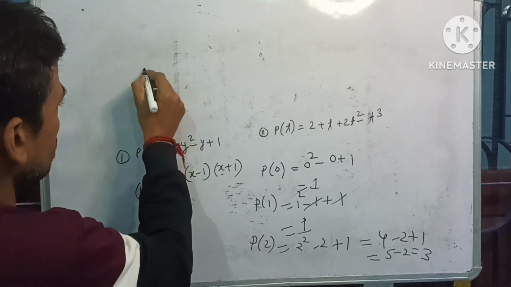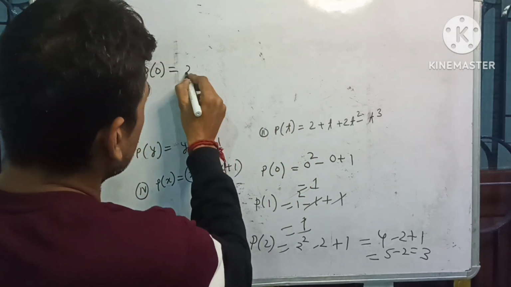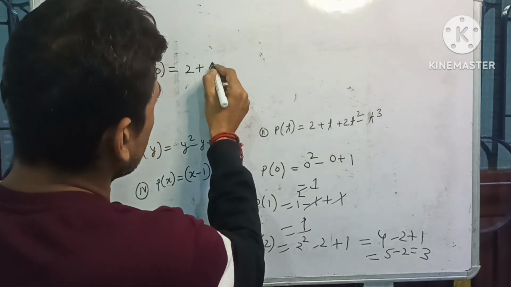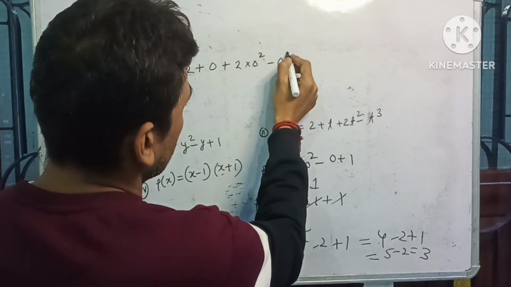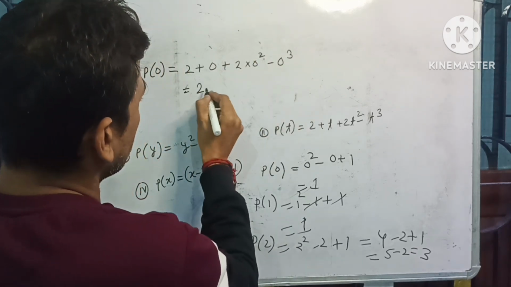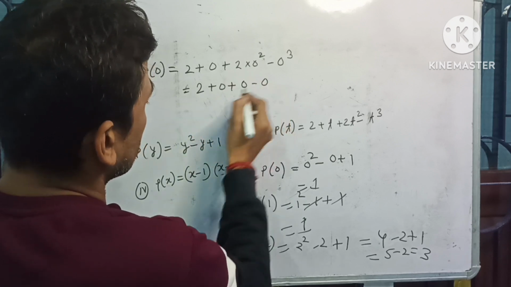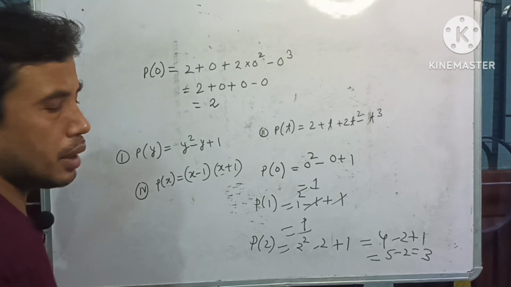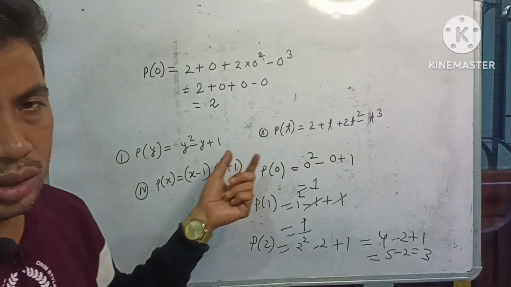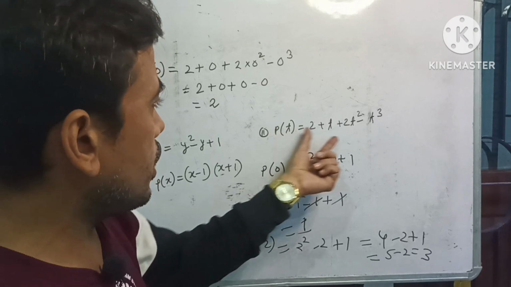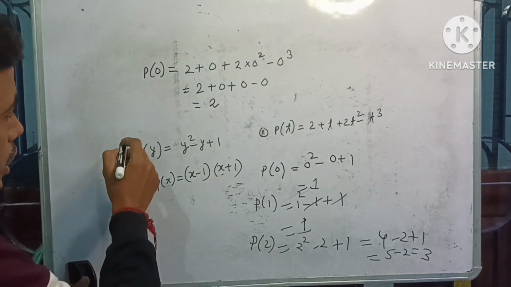So first, P0 means 2 plus 0, 2 into 0 square, minus 0 cube. So we get 2 plus 0 plus 0 minus 0, that means 2. So the first value is 2. That means with respect to 0, the value of the polynomial is 2.